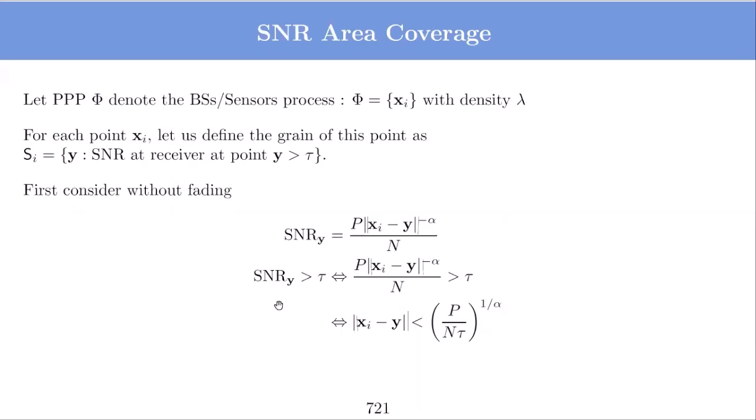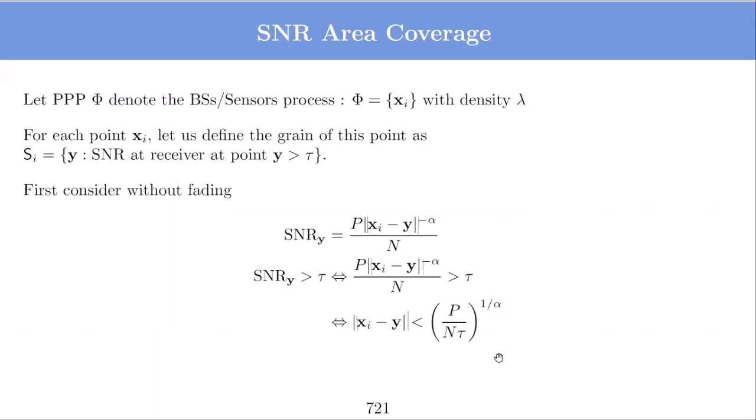And this is more than tau, which gives that the distance between xi and y should be less than (P/(N tau)) to the power 1 upon alpha. So all the locations whose distance from xi is less than this value will have SNR more than tau. If xi is fixed, this expression in y is nothing but the expression of a circle.